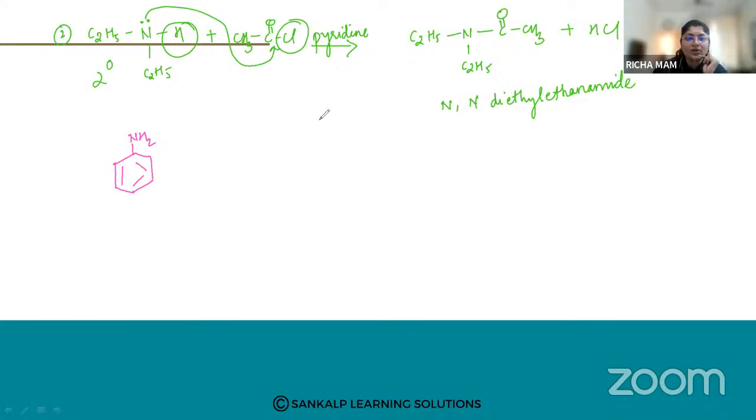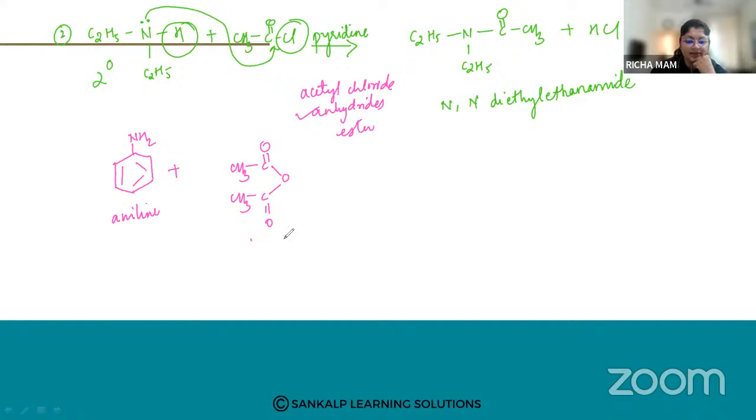So we can react it with acetyl chloride, or we can react it with anhydrides, or we can react it with esters. Now we will take anhydrides. Let me take acetic anhydride. So this is aniline, and this is our acetic anhydride.